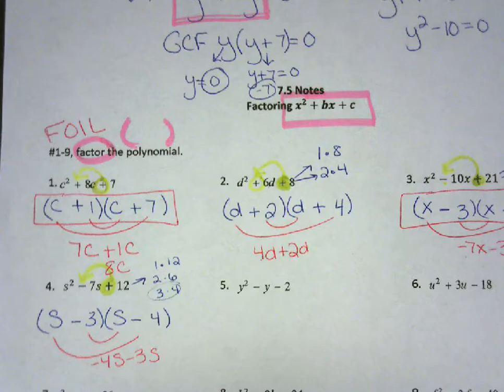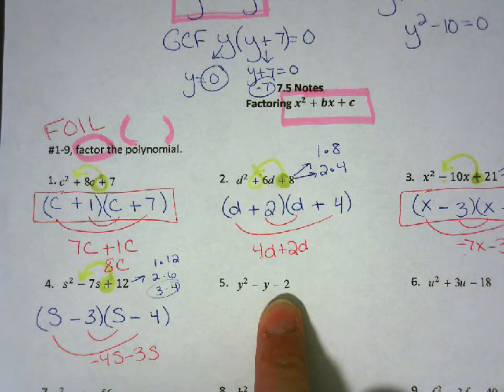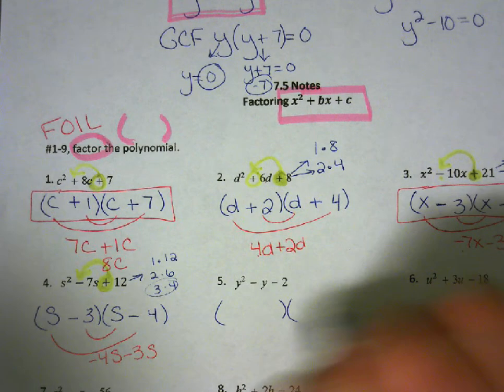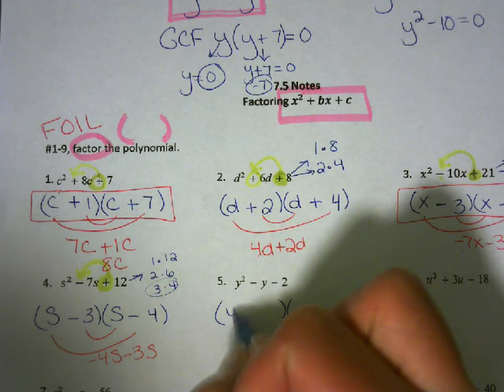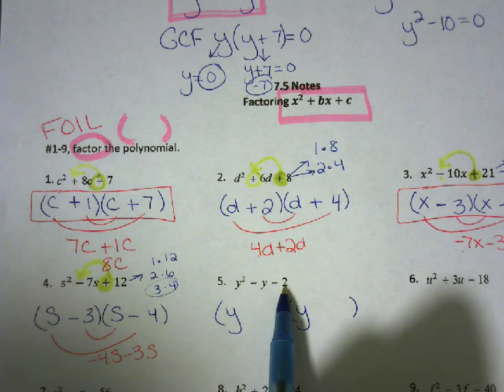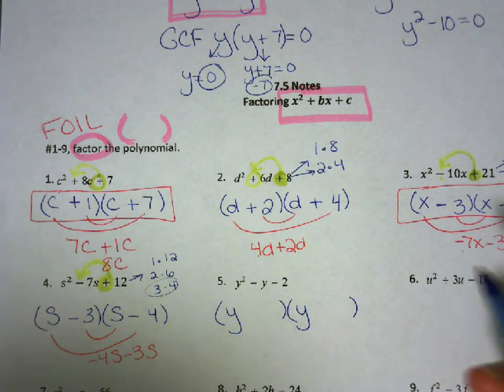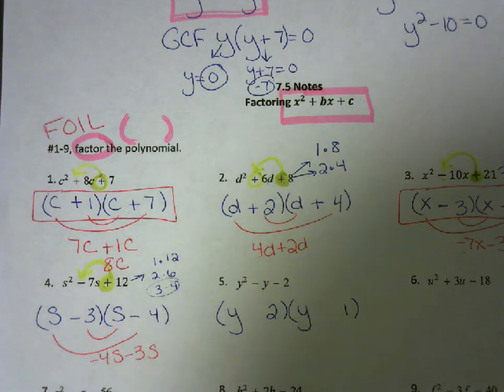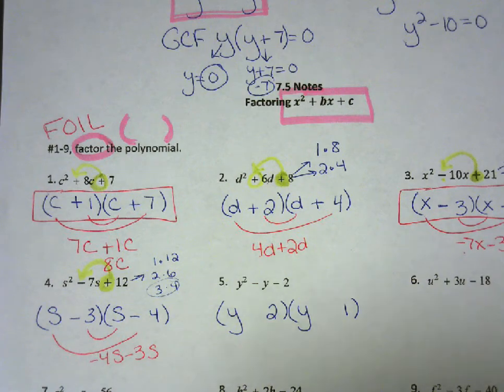Okay? All right, now let's try one with a subtraction on the end. So with a subtraction on the end, we're still going to start it the same way. So we're going to go y times y, because that's going to get us y squared. Now notice this is a prime number again, so you only have one option. If you want to go 2, 1, that's up to you, okay? But this one, there is a wrong answer per se.